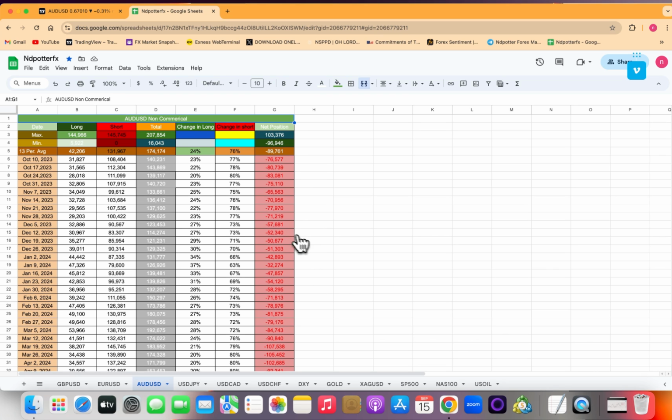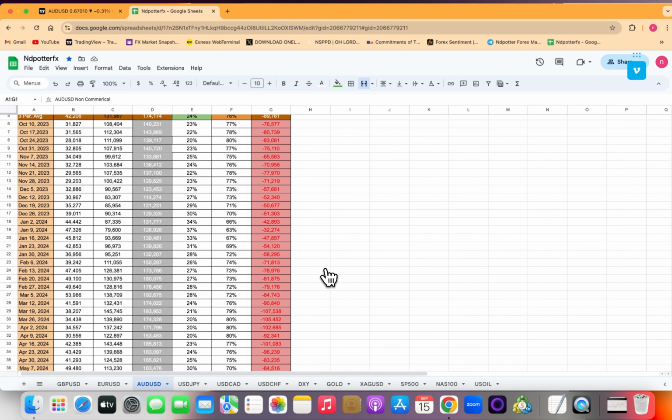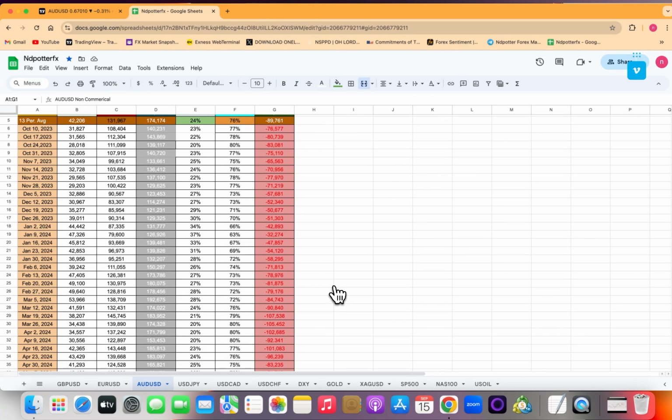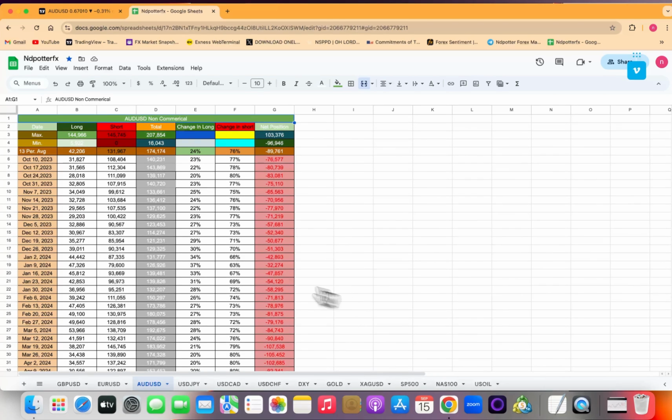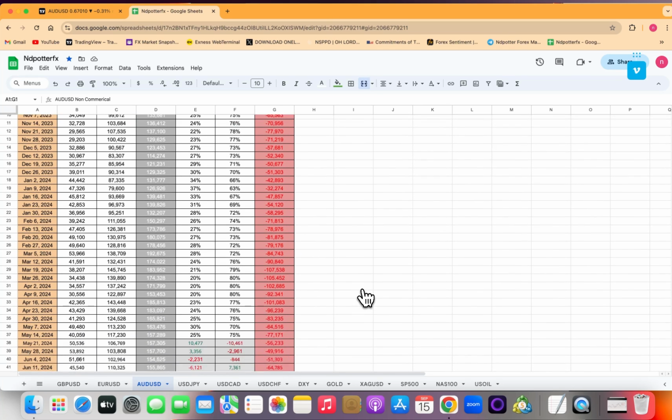But I know the institutions have been very bearish for the past 3 years on AUD USD. So look at the max on long 144, max on short 145, minimum on long 5,000, minimum on short 0.